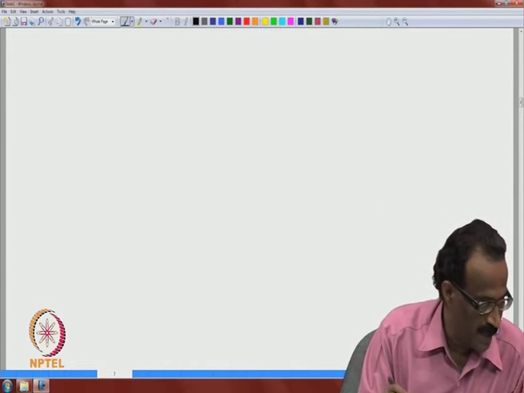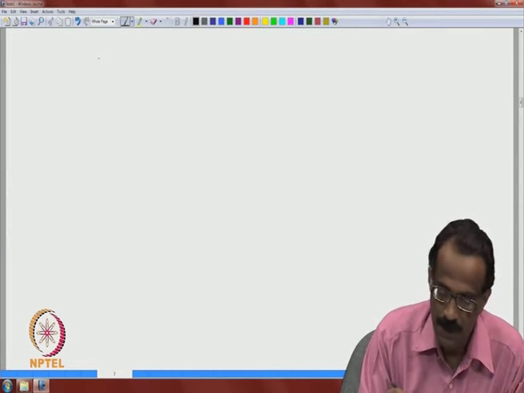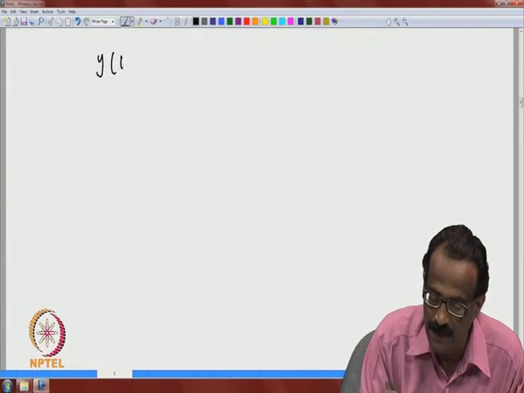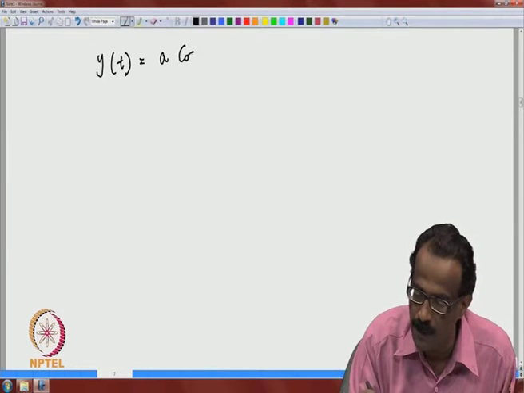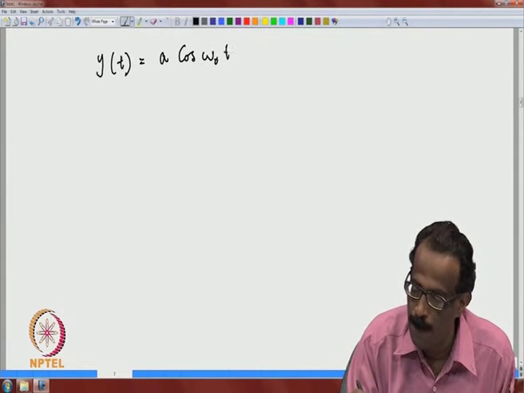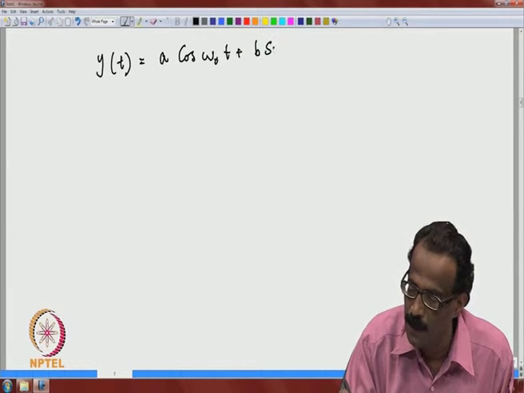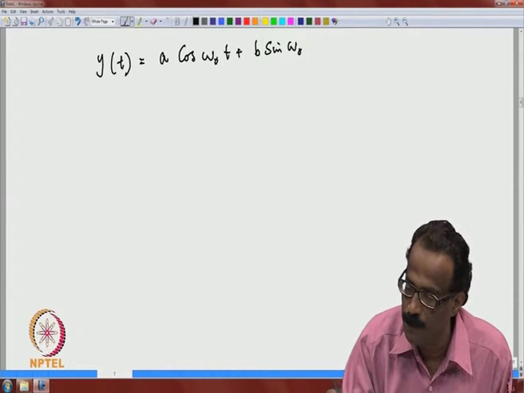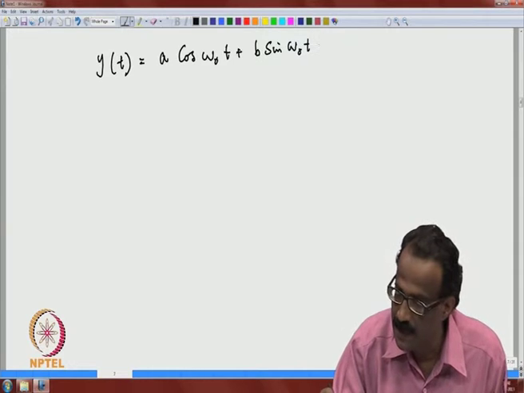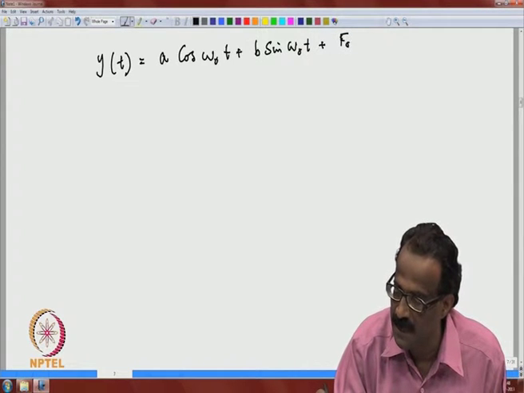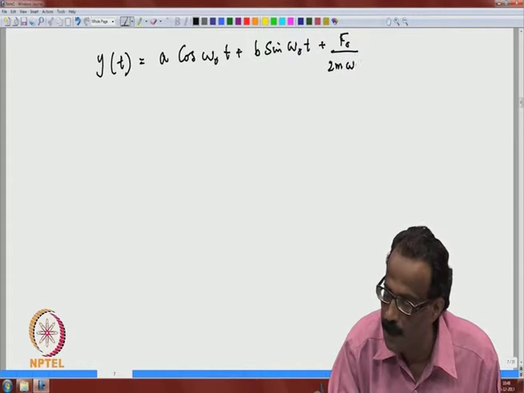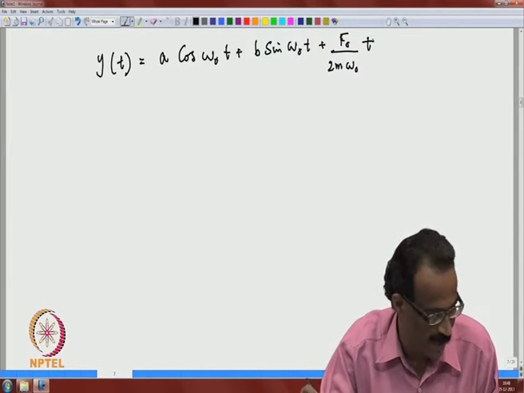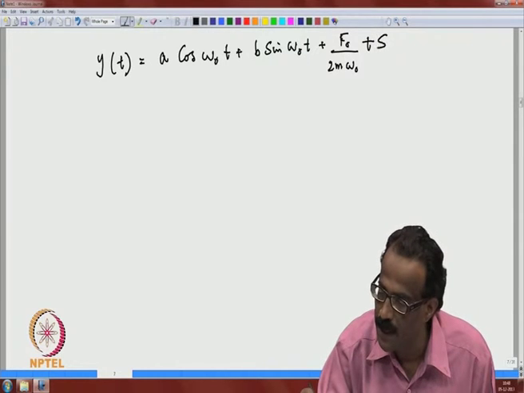The solution, let me write again here, will look like this: y(t) is equal to a cos omega naught t plus b sin omega naught t plus, this is the difference here, f naught by 2m omega naught into t sin omega naught t.